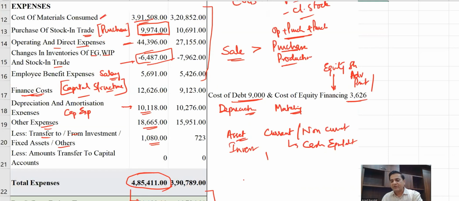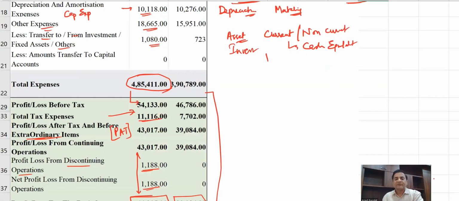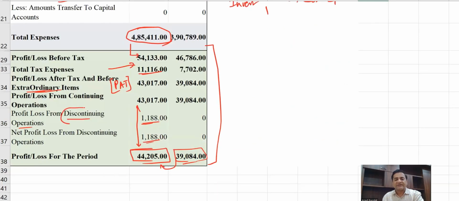To this, I have to make two adjustments. One is related to the tax adjustments, and the other would be related to the items which are non-regular in nature, which are the transactions from discontinuing operations. Since they have been discontinued, we are supposed to show that in a separate manner. Separate disclosure is required, right?